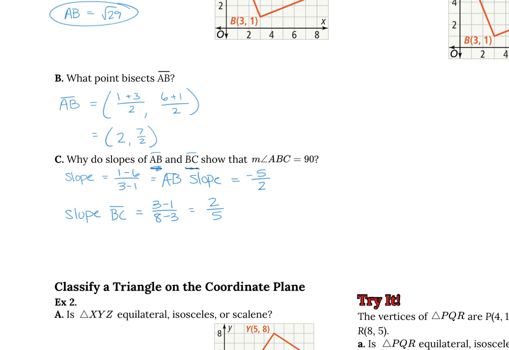So in order for it to make a 90 degree, so they want us to show that it's creating a 90 degree. In order to make a 90 degree, that means that we are forming perpendiculars. So I want to check to see if those two slopes are perpendicular. A perpendicular slope ends up creating negative reciprocals.